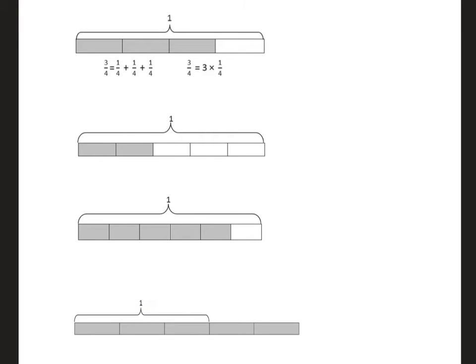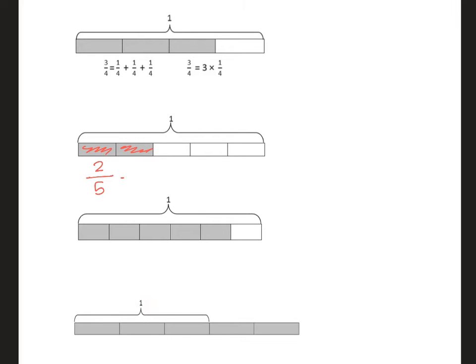All right, so I can see that there are 1, 2, 3, 4, 5 pieces altogether. So I know that my denominator is going to be 5. And there are 1, 2 pieces shaded in here. So I know that this tape diagram is representing 2/5. So I'm going to write my addition sentence using a sum of unit fractions first.